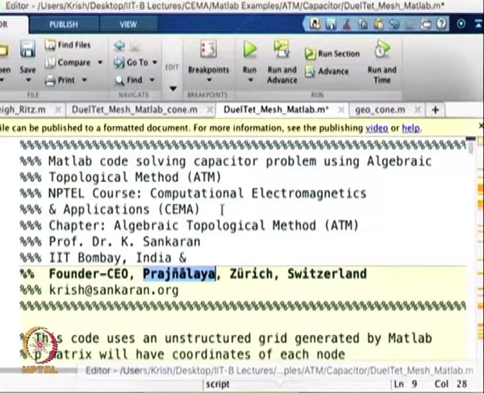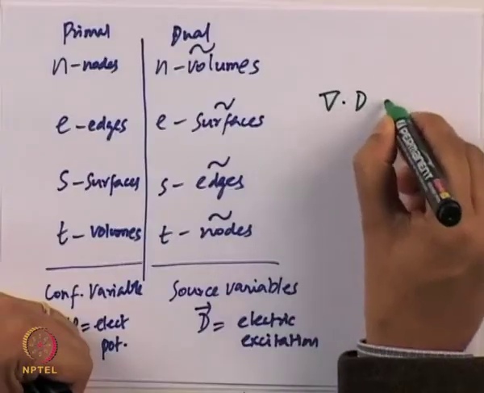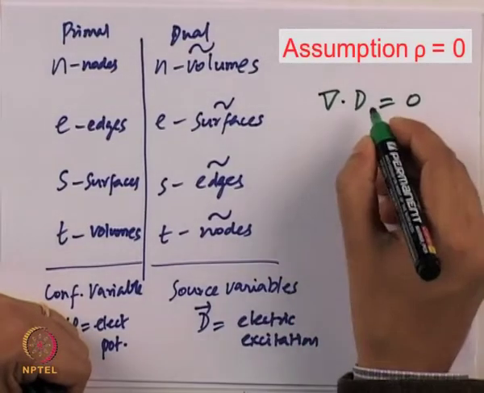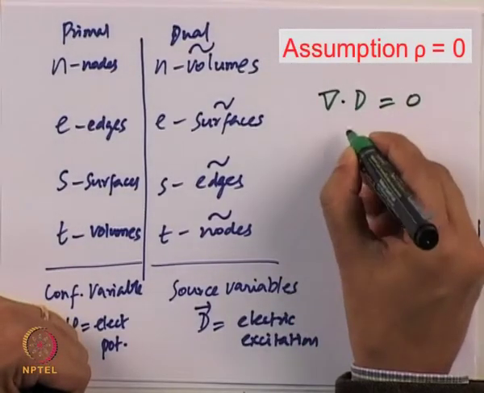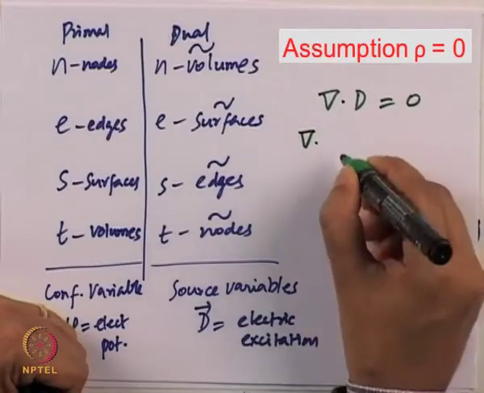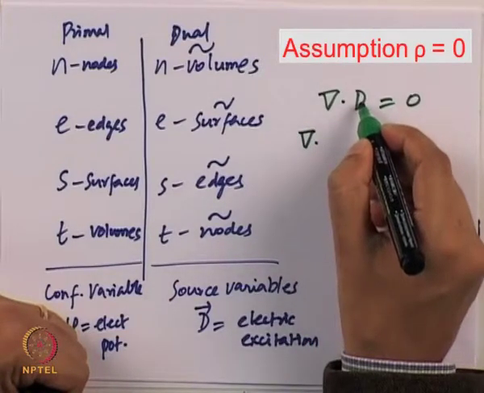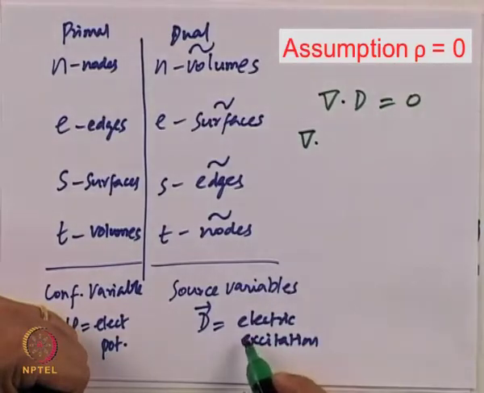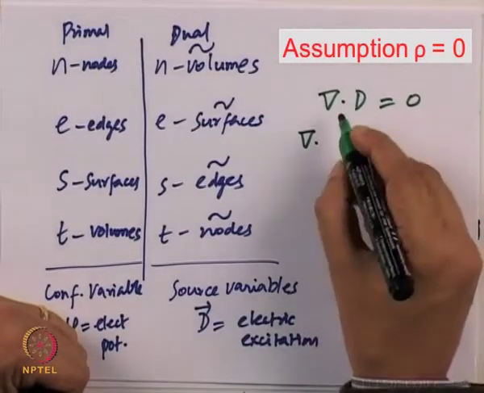The code is going to be a simple program for computing the value of the potential in a parallel plate capacitor. I said simple because if you have followed the logic of algebraic topology, you will understand how we are solving the problem. Basically what we are solving for is the divergence of D equal to 0, but we are going to make this equation look different. We keep the divergence out, and remember the divergence of D is in the source variable, so we are going to have a dual there.